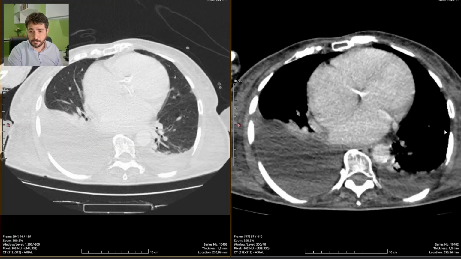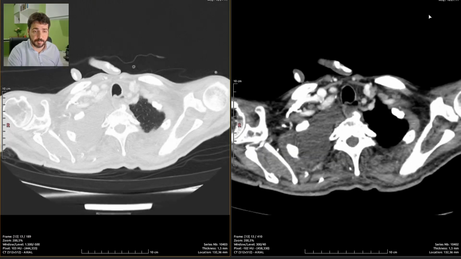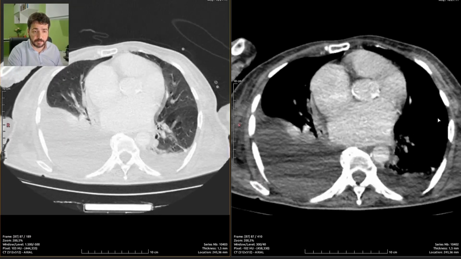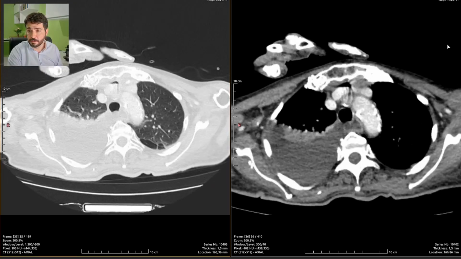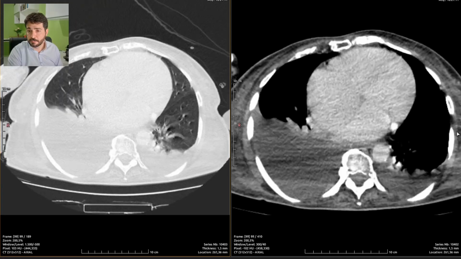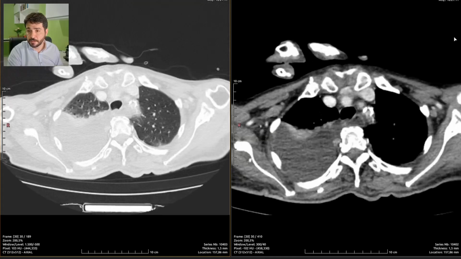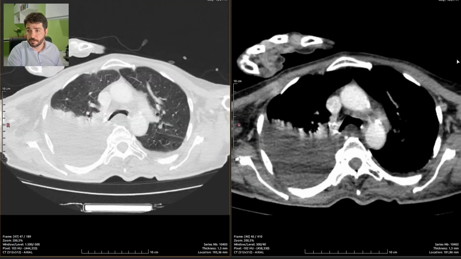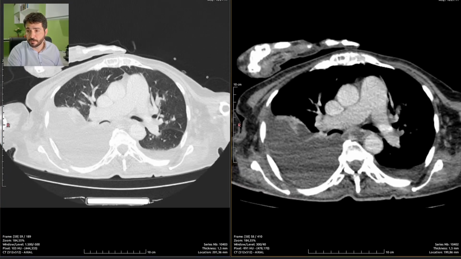I'm sorry, I'm just going through the protocol. You have to keep a protocol in order not to lose lesions, so ignore what isn't time to be looked at and look for what you should be looking according to your own protocol.